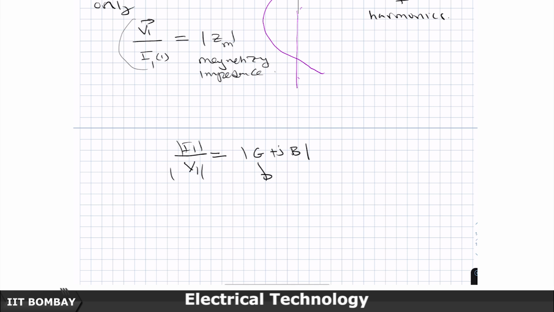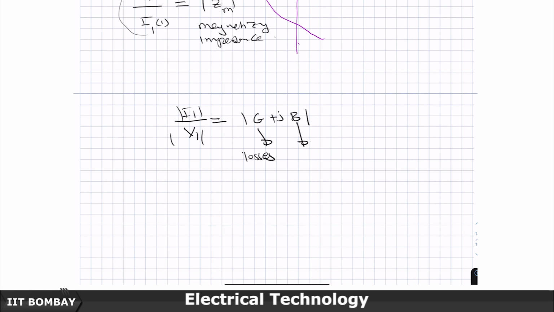This resistive component will help us model the wattage loss which is happening, and this component will help us model the magnetizing current which is otherwise associated with the BH curve.